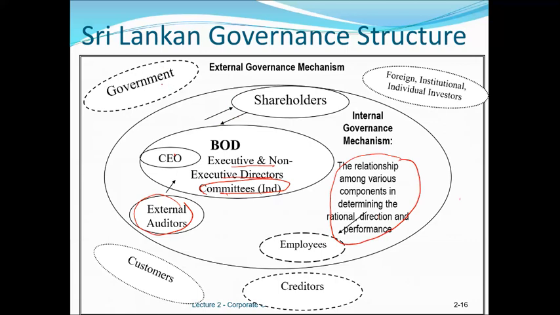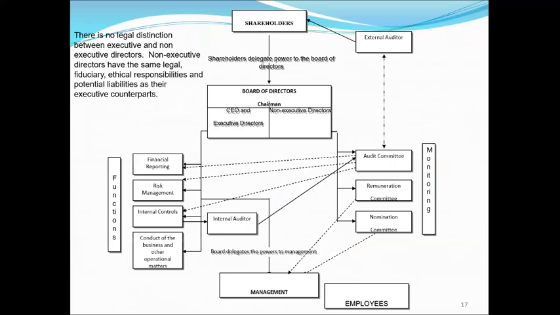So in the external environment, the government is looking after taxes, foreign and international individual investors, creditors, and customers. So you need to manage this. I took this as the Bank of Ceylon structure; typically in Sri Lanka, many organization structures are like that. On the top, you have the shareholders, and external auditors are reporting to the shareholders.